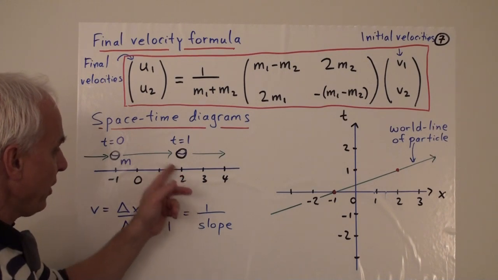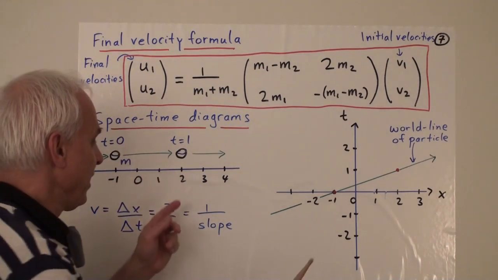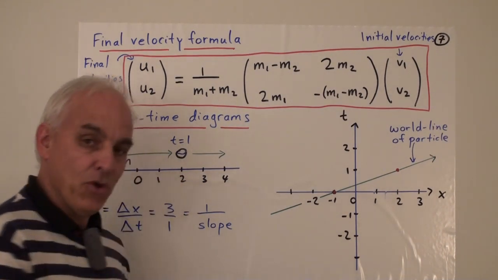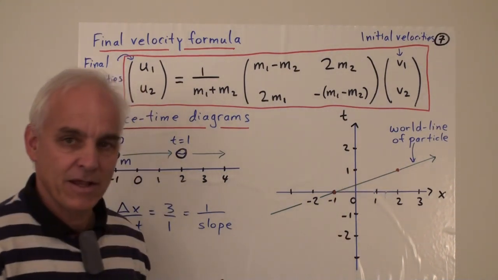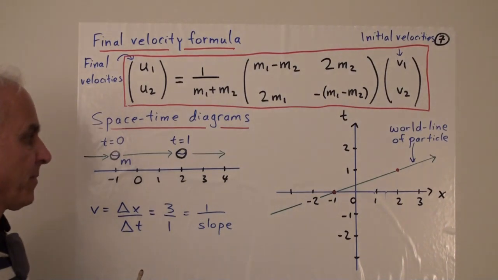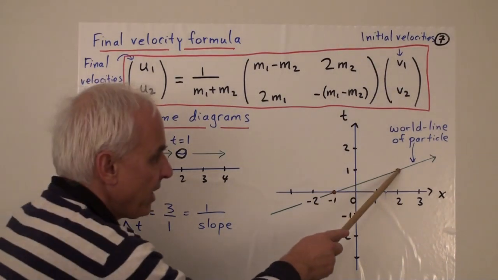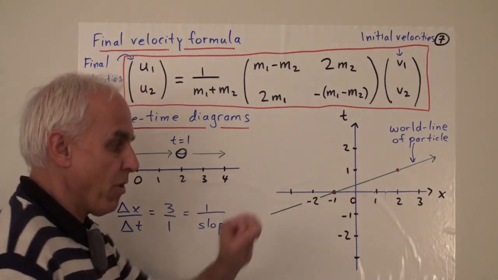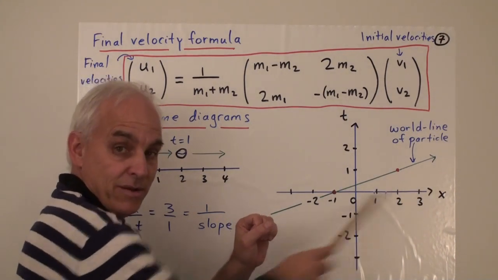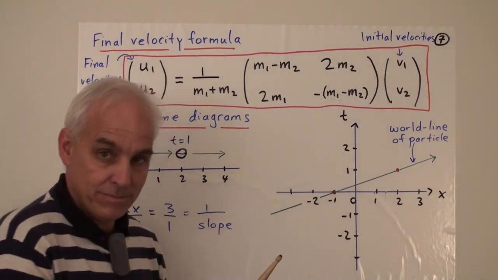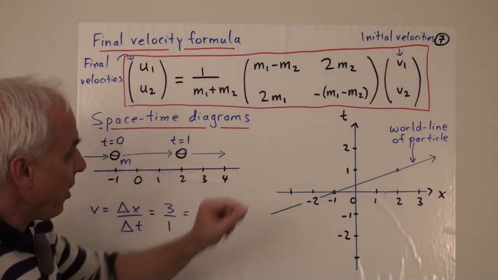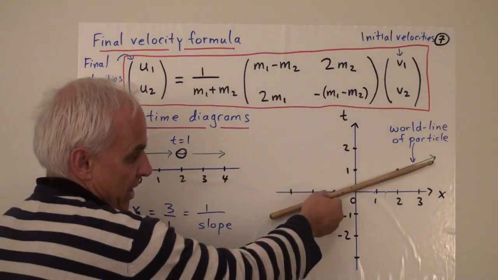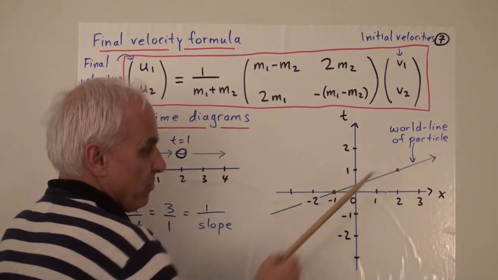A little while later, when the particle's here, that's position x equals 2 and time t equals 1, so it's represented by this point here. So a point in this space-time diagram represents both a position and a time.